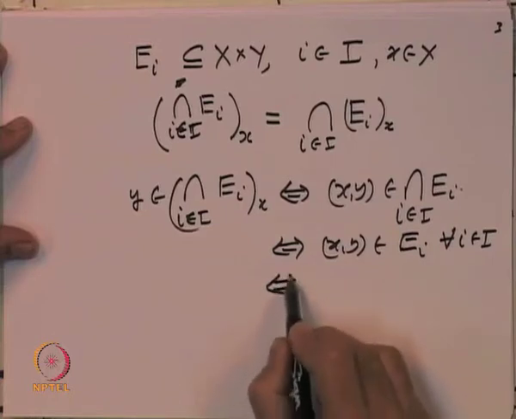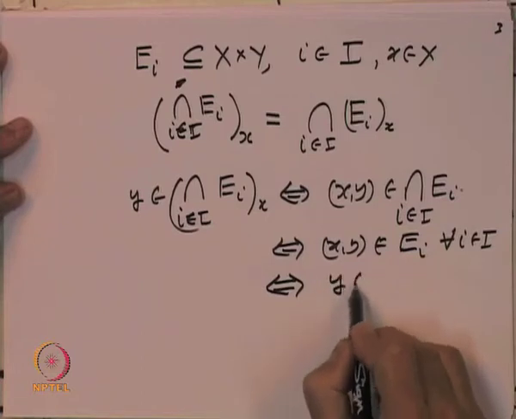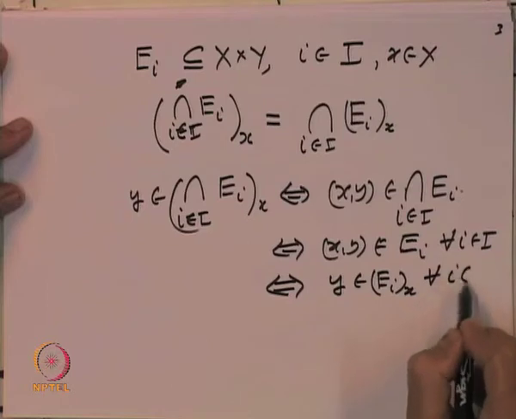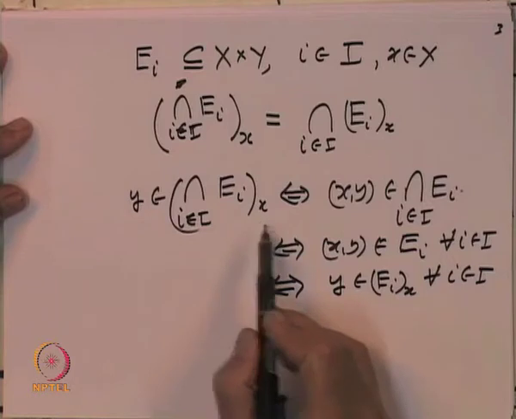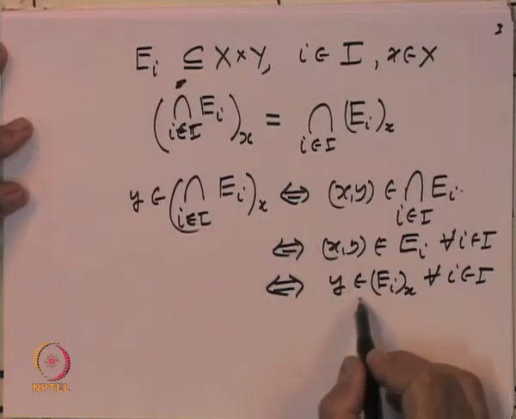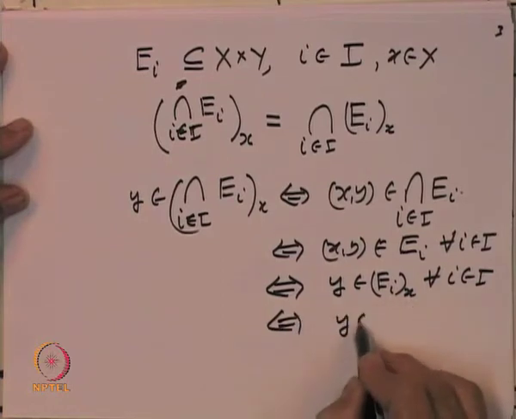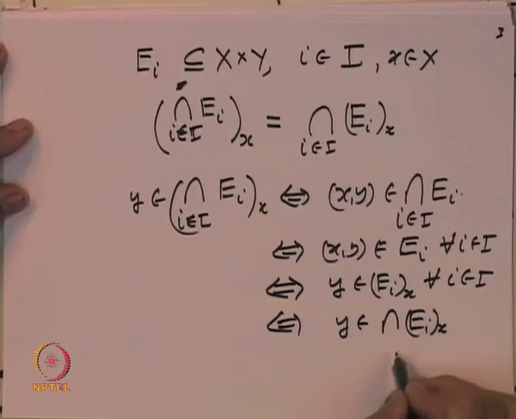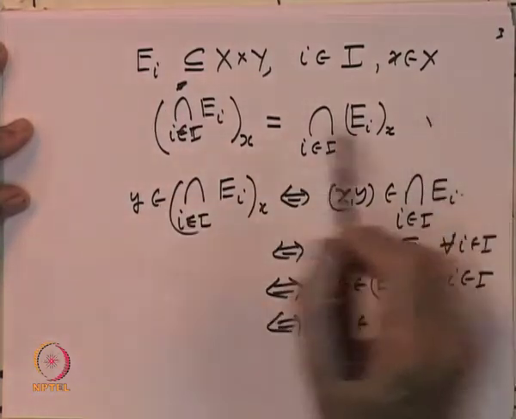But saying that x comma y belongs to E i is the same as saying y belongs to E i at x, for every i belonging to I. So, y belonging to the section of the intersection is the same as y belonging to the intersection of the sections, right. So, for every i, that means y belongs to the intersection of the sections of E i at x, i belonging to I. So, that proves that this property is true.